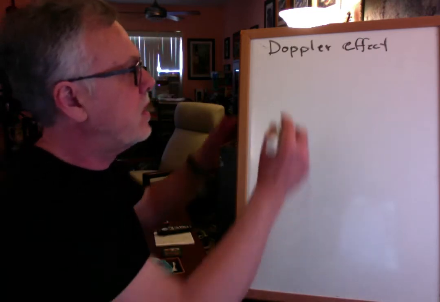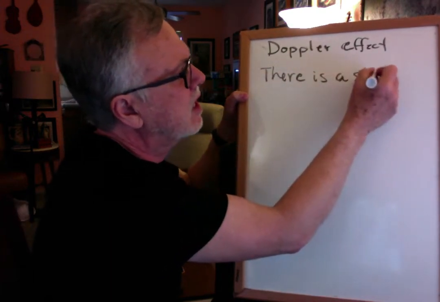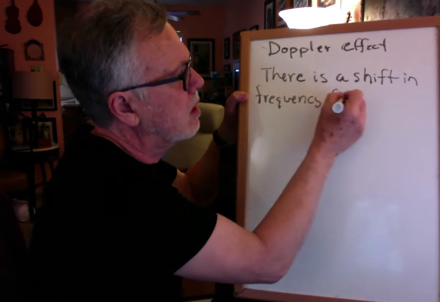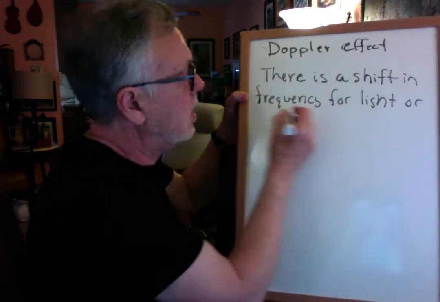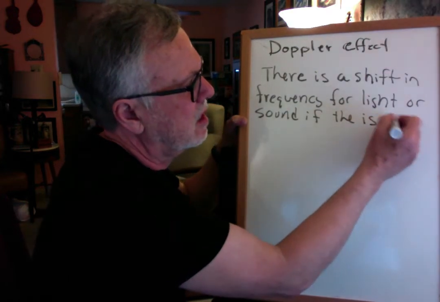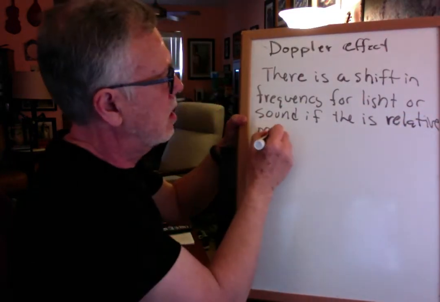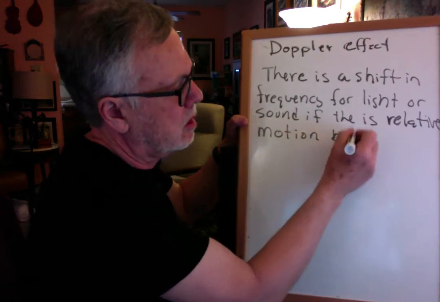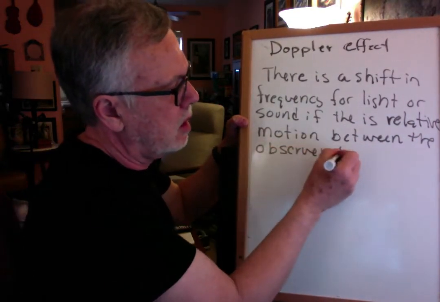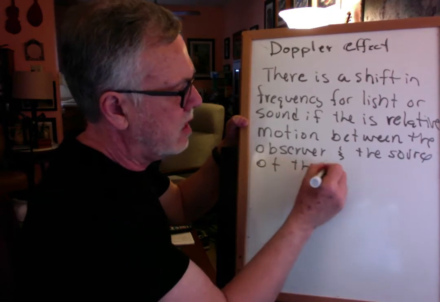And so what this is, I'll explain it, is there is a shift in frequency for light or sound, or any waves for that matter, if there is relative motion between the observer and the source of the wave. And again, it could be light or sound.